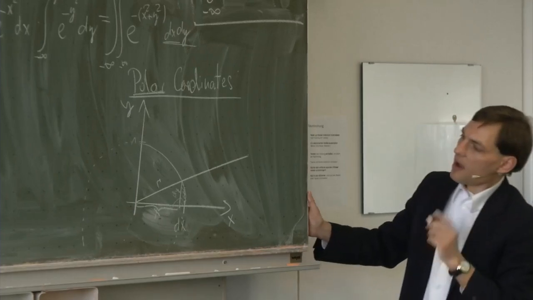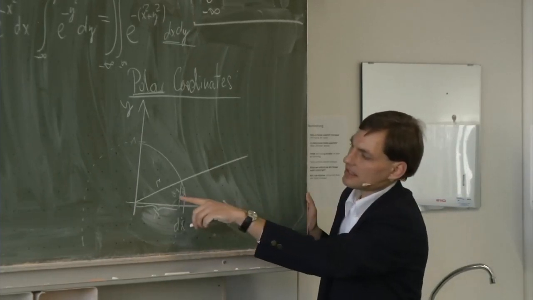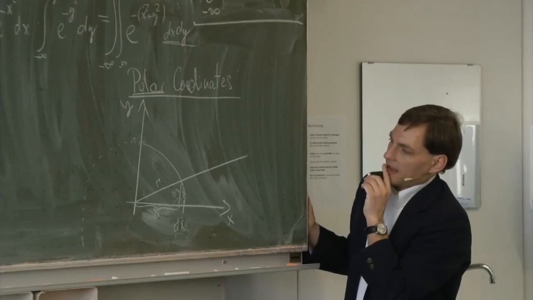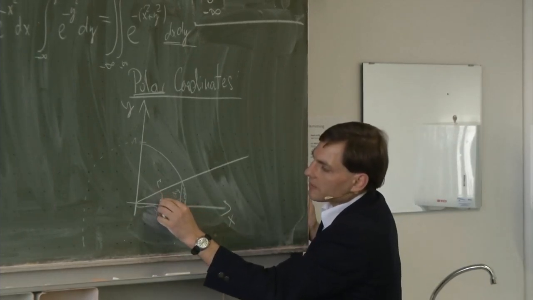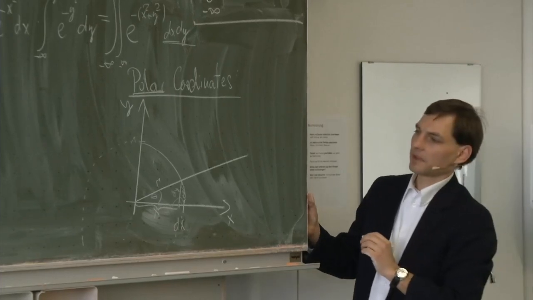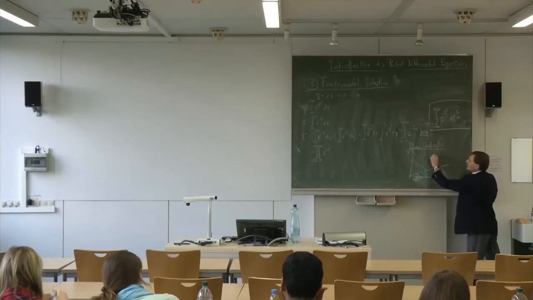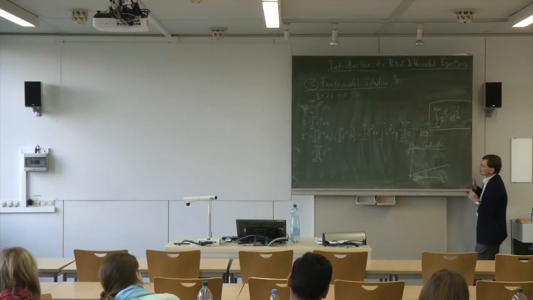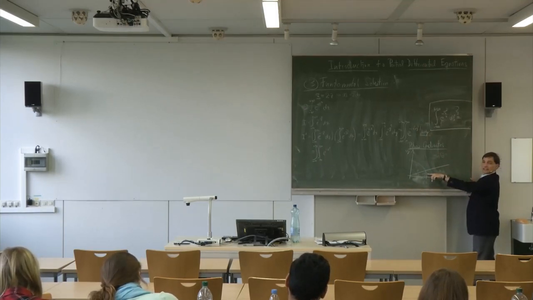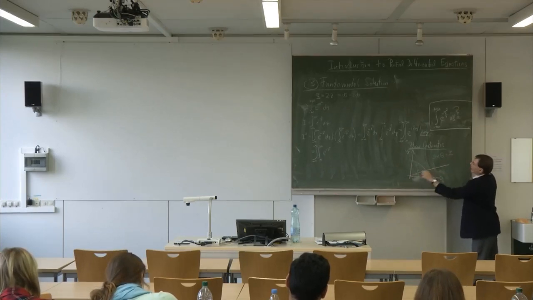Yeah? And now I want to find another way to express this area. This area can also be characterized because we have here an angle, let's call it theta, and we have sine and cosine. What is the sine of theta? It is y over r.